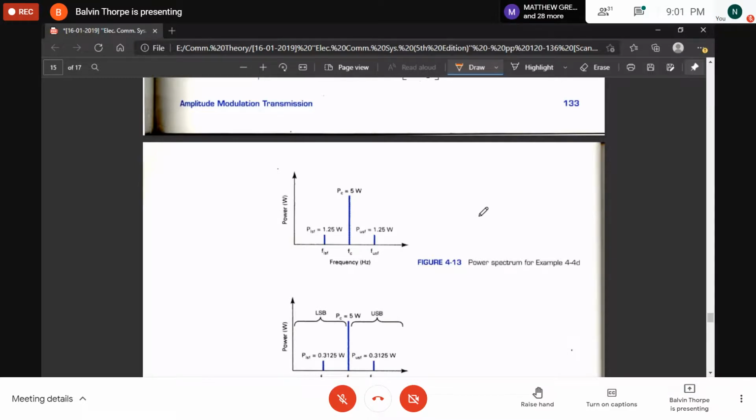And if you remove the carrier and one of the sidebands and are left with only one sideband, you still survive because you still have the information in that one sideband. So yes, they do eliminate the carrier, because they would be paying a lot more to the spectrum authority if they were using the power, right?